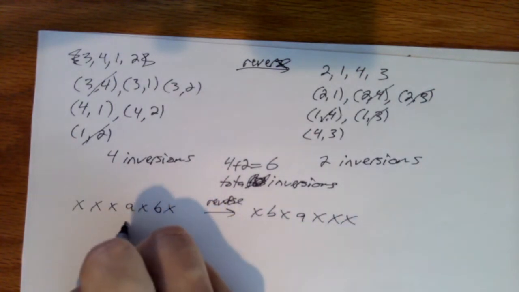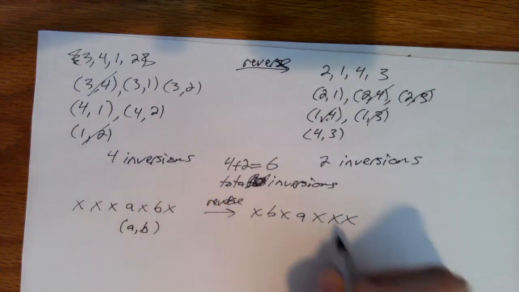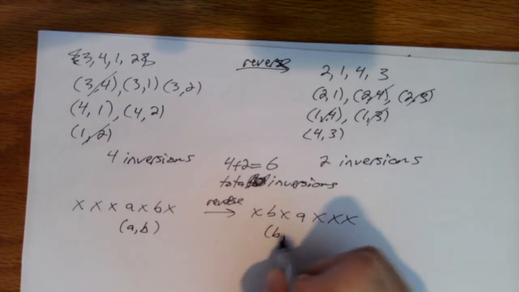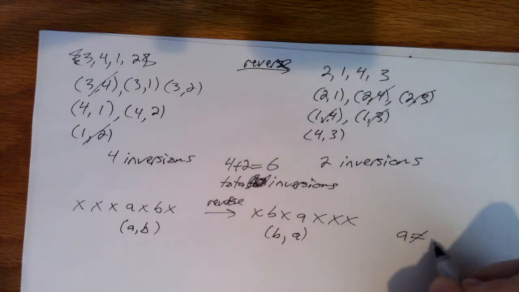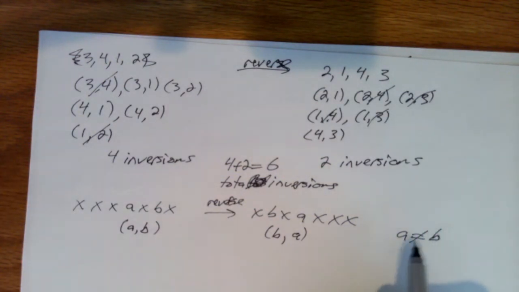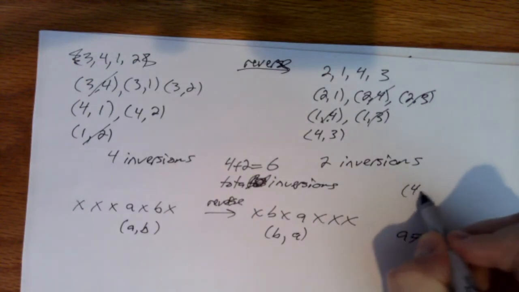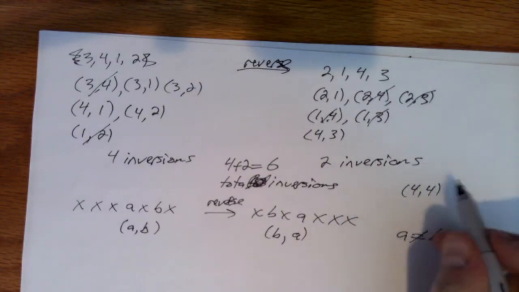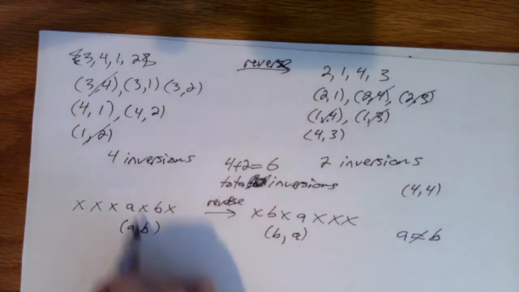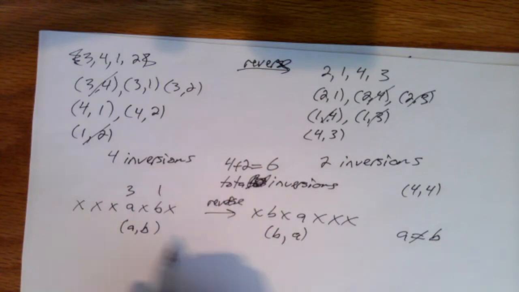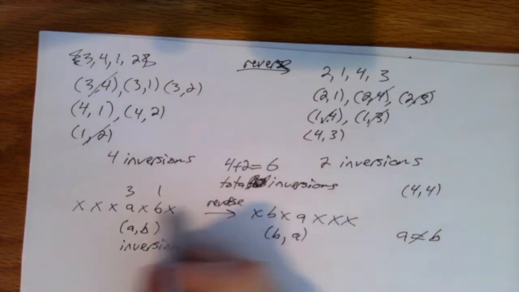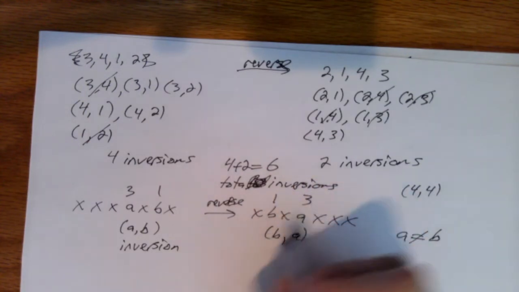Over here we have the ordering of A and B, and over here, that means, of course, B comes before A. And we'll assume A is not equal to B, because if A is equal to B, like we have 4 and 4, reversing them doesn't change anything. Neither is an inversion. But if A and B happen to be 3 and 1, then this would be an inversion. But that means over here, then we would have 1 and 3. This is not an inversion.